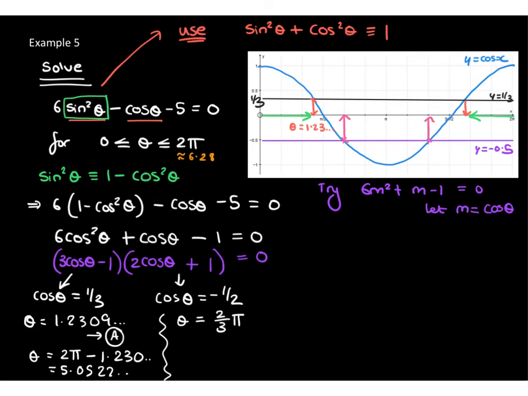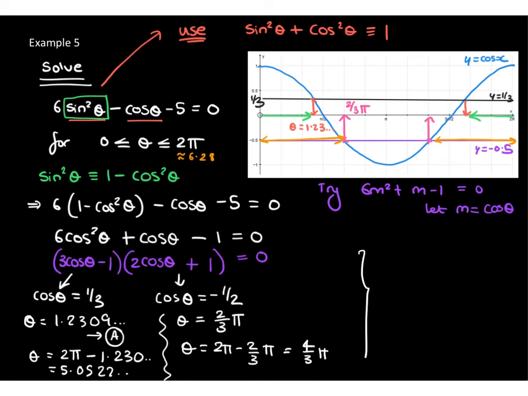Now this first one is 2/3 of pi, and use the symmetry here and here. So I can calculate my second answer by doing 2 pi take away 2/3 of pi, which will give me 4/3 pi.